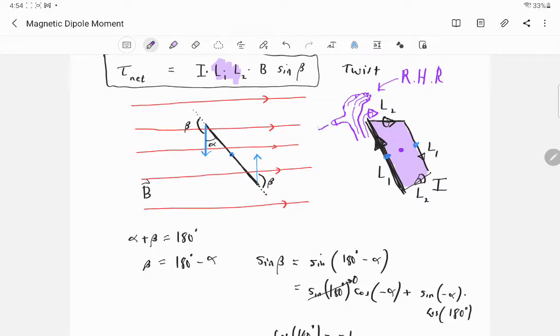And the thumb points out the normal to the surface that I care about. Can you see that? Normal. So that's the normal I care about, and I'm going to designate it as the normal vector. In this drawing, the normal vector points perpendicular to the black line, and it points in this direction here.